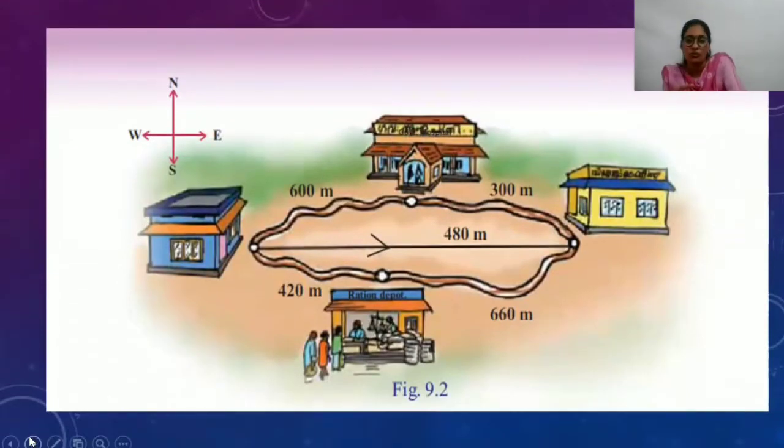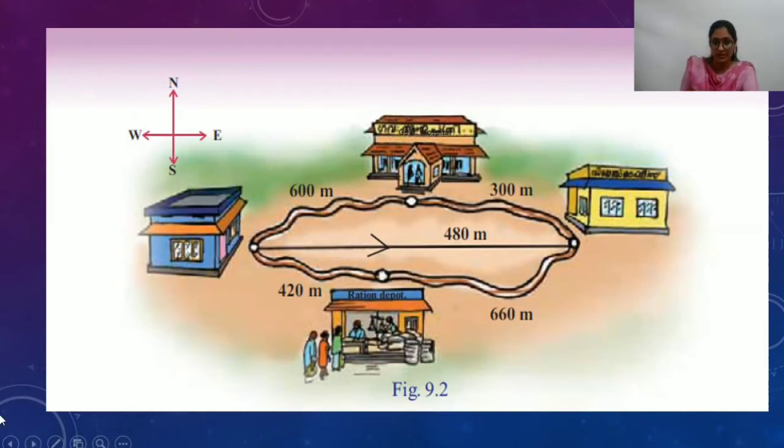Okay. Now, this is a situation. A man traveled from his home to the office in front of the hospital. Then he returned from the office to his home in front of the ration department. The distance the man covered when he traveled from his home to the office in front of the hospital is 600 plus 300, which is equal to 900.